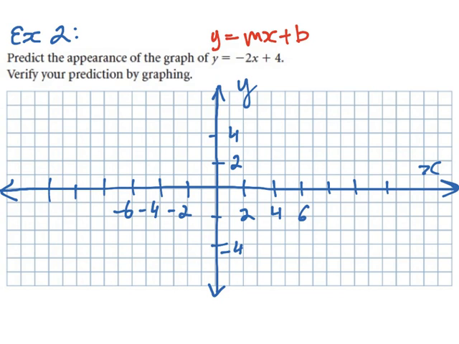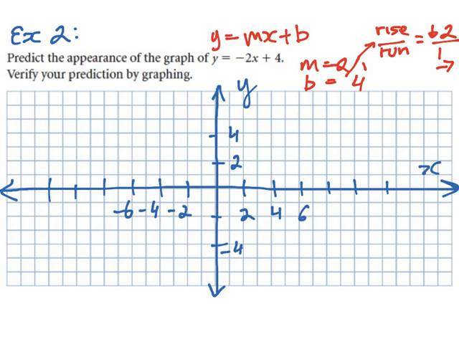In this case, we can recognize the slope is negative 2, and the y-intercept is 4. Recall that slope is really rise over run. And since it's negative, it goes down. How many units? Exactly 2. Remember, any whole number can be written as a fraction. So the rise is 2 units down for 1 unit to the right.